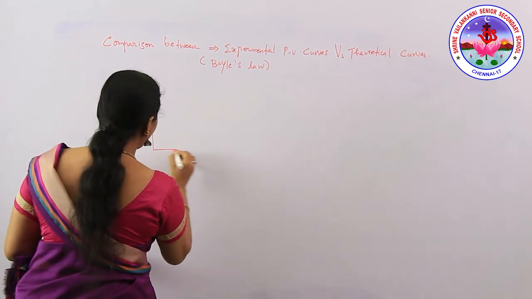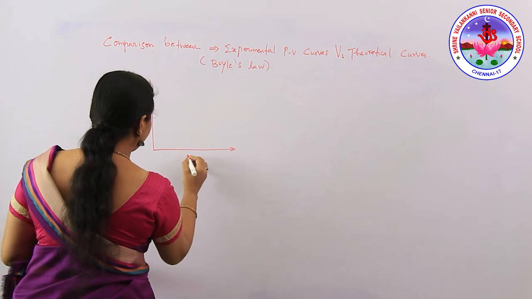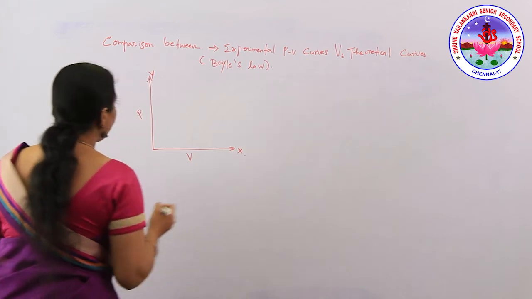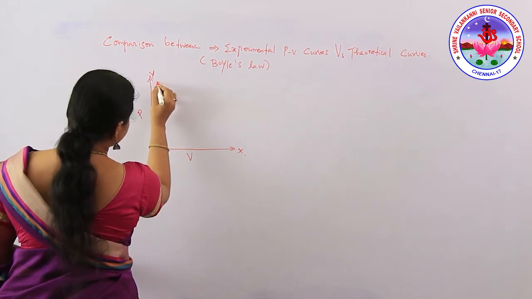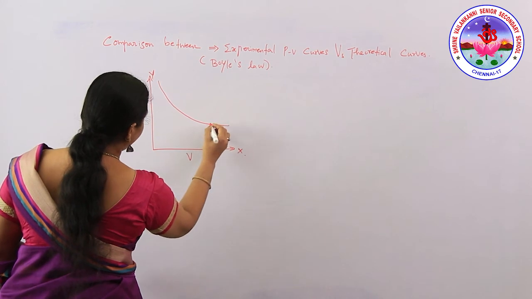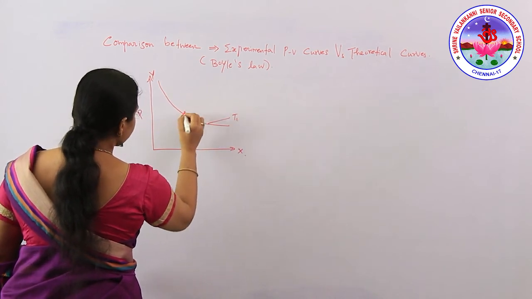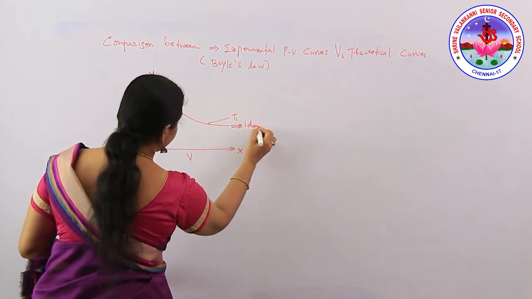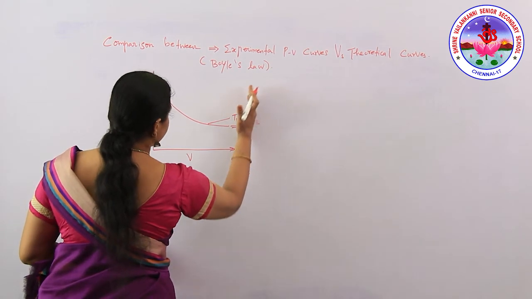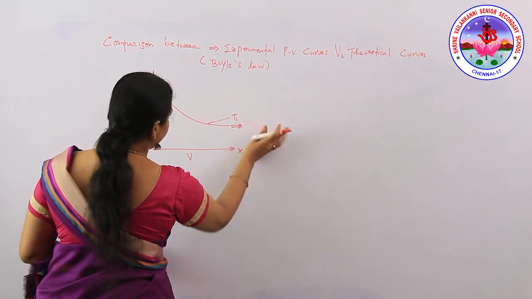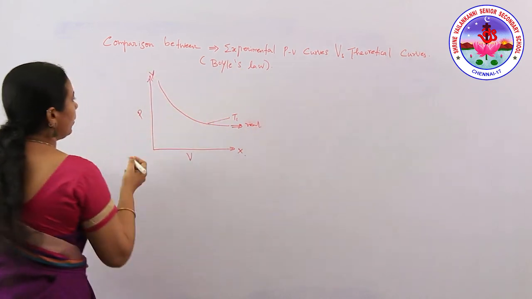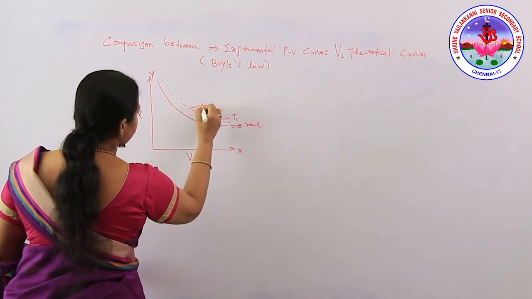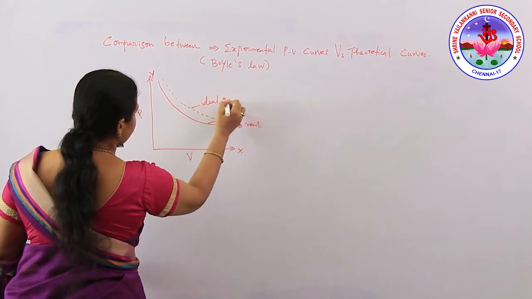Pressure versus volume, this I have taken for temperature T1. Suppose this line is the ideal gas, or else we can take this line as the real gas. Then how with Boyle's law it varies a little from the real gas. This may come for the ideal gas equation.